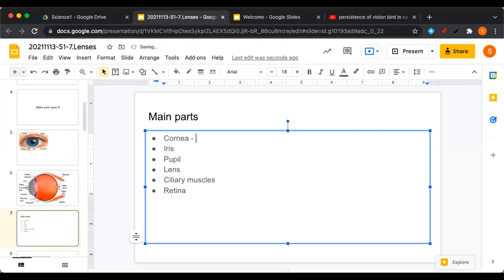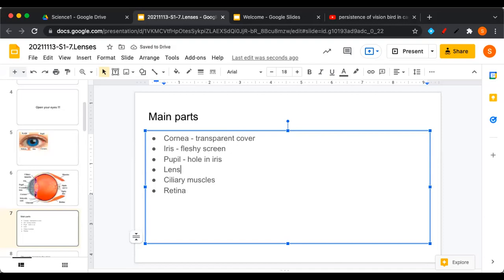Cornea is the transparent cover. It's there in the textbook, you can read. Iris, if you look at the same paragraph, is a fleshy screen. Flesh means muscle. Pupil, the hole in the iris.